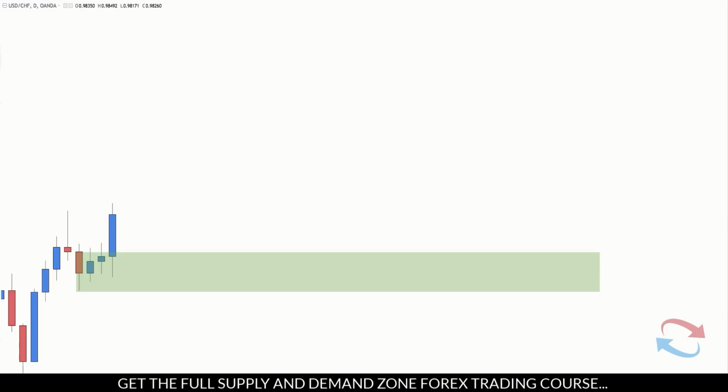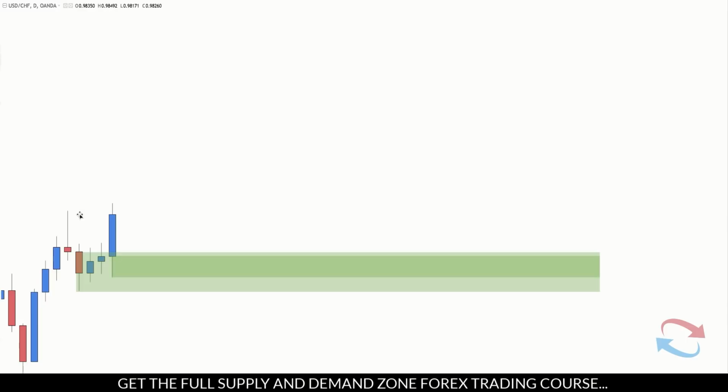The last bearish candle in the sequence before prices make a new high is this one. So this is where we'll be drawing our demand zone from: the last bearish candle in the sequence before prices make a new high. And that's where we draw it.